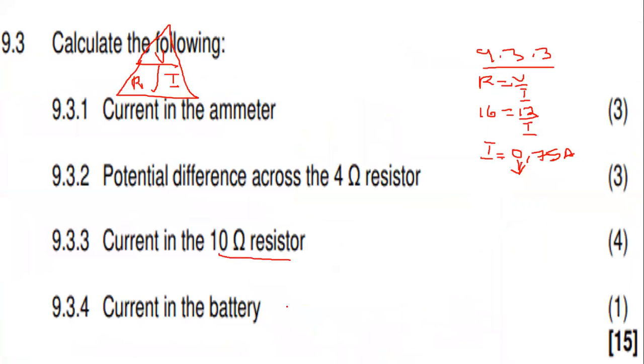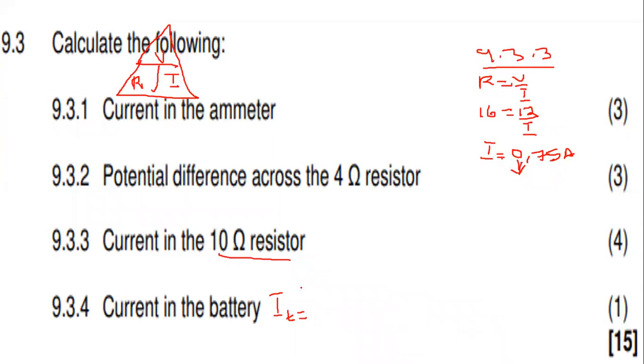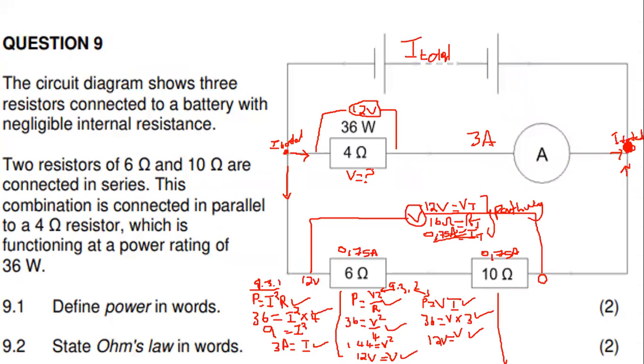So the total current, I total, is going to be the current that flows in this lane, which is 3 amperes, plus the current that is flowing in this lane.